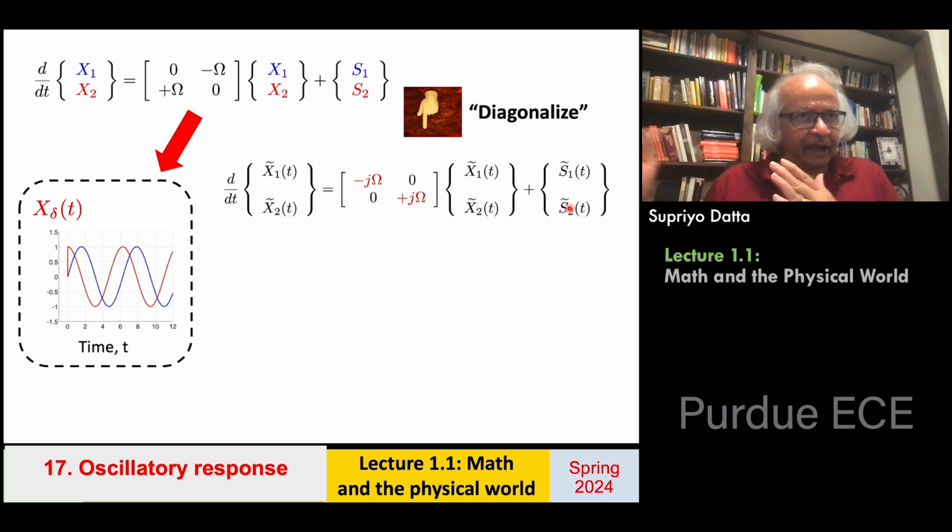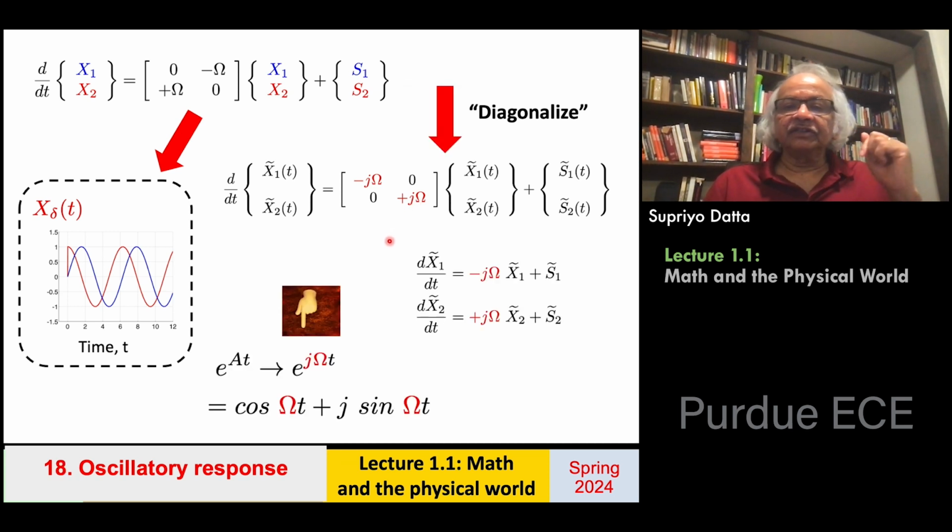In the actual course, we'll talk about the details. But the real advantage of doing this is that this matrix, which was off diagonal, is now converted into a diagonal matrix. And the elements on the diagonal are the eigenvalues of that matrix, which happen to be minus j omega and plus j omega. j stands for square root of minus 1.